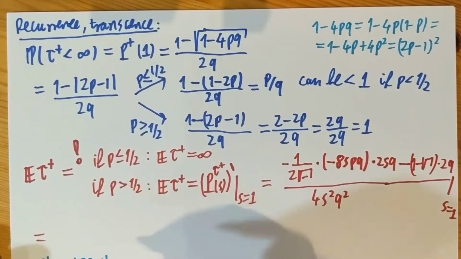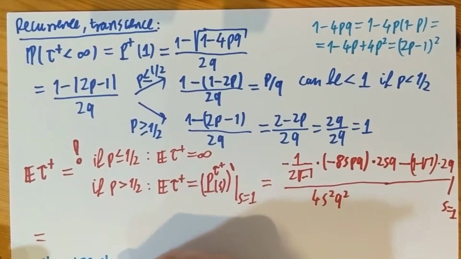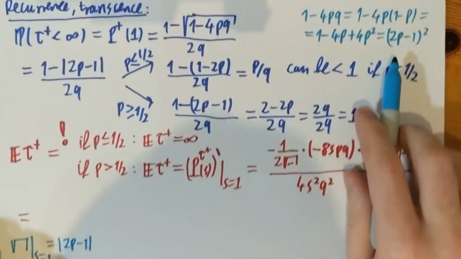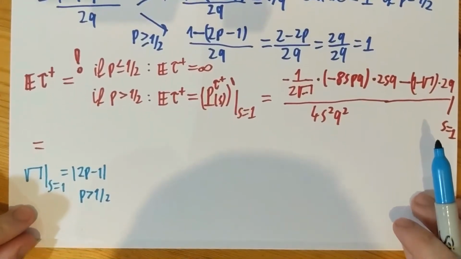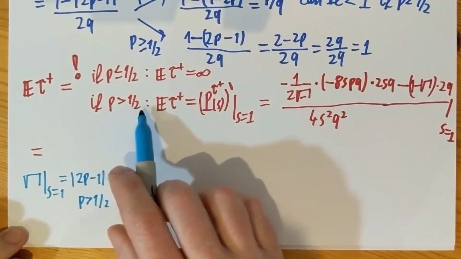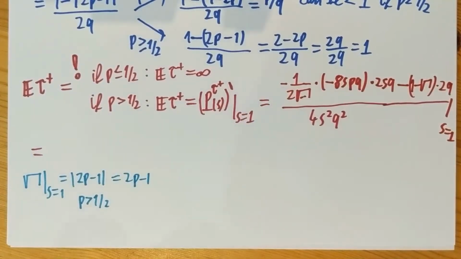However, p is larger than 1/2 in the case we're interested in, so this is simply 2p minus 1. The square root will just become 2p minus 1 everywhere.